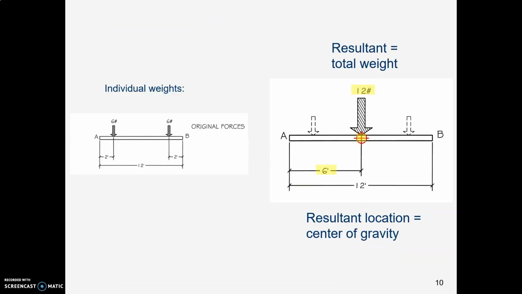Well, that resultant has the same weight as those 2 individual weights. And because these things are located symmetrically, that resultant must be centered, right? So if it's a 12-foot long shelf, the resultant is 6 feet from one end. So there's the resultant and the location. So there's the center of gravity of that bookshelf with books on it.